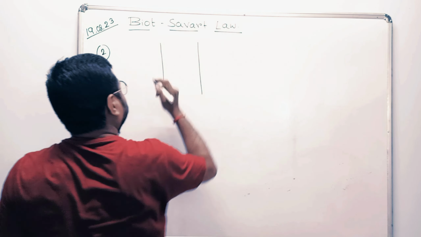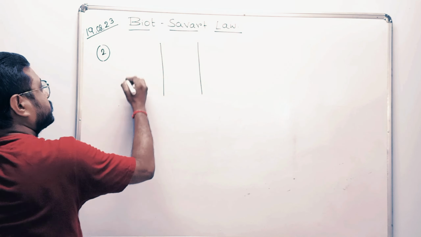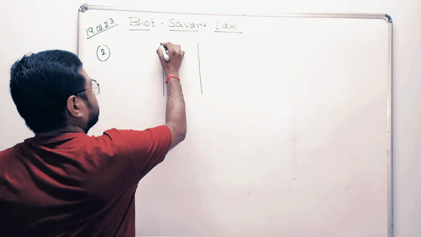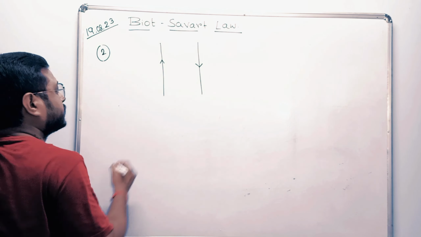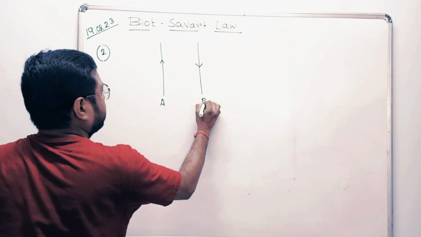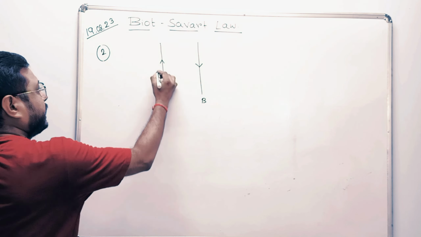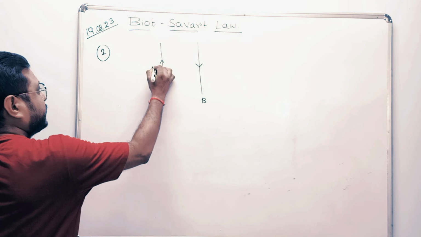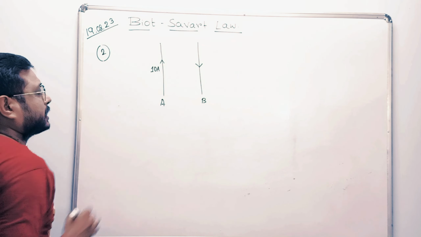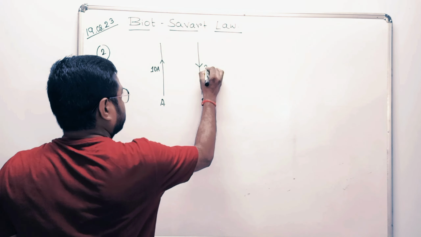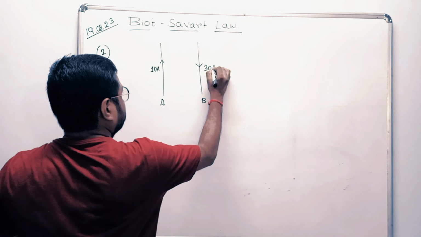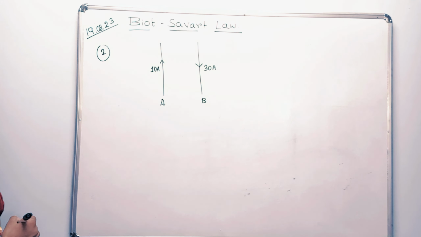Two wires are given. The currents flow in wires A and B in opposite directions. In wire A, the current flows in the upward direction, and its magnitude is 10 ampere. In B, the current is along the downward direction, and the magnitude is 30 ampere.